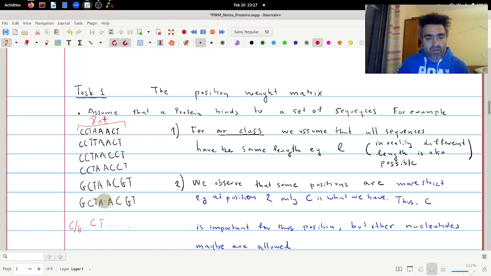So for some positions we should be very strict and allow only one nucleotide. For other positions we don't need to be so strict, more than one nucleotide is allowed, but again with different frequencies. So there are preferences.